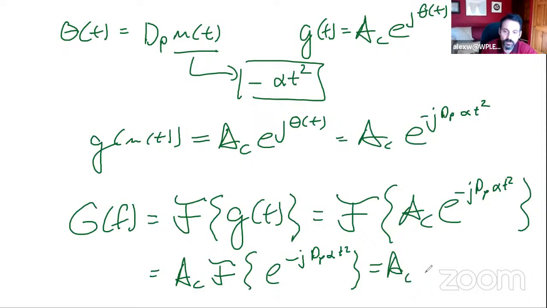If you look at a Fourier transform table, this is going to yield that. Yep. So that's what spectrally this will look like if you do the Fourier transform of that.